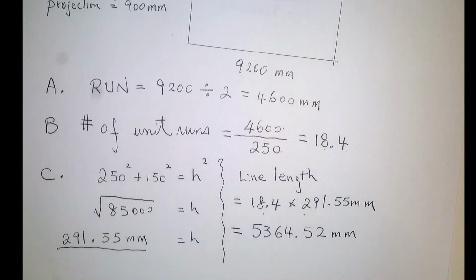Let me double check. I cannot afford to make a mistake on video presentation. So 18.4 times 291.55 is 5,364.5. Okay, great, excellent.